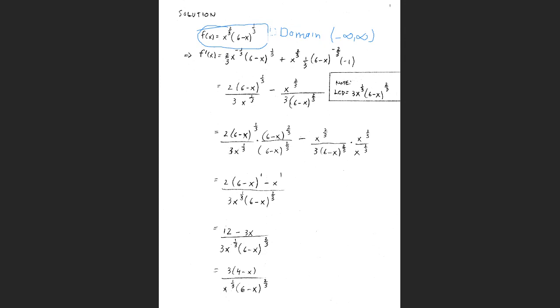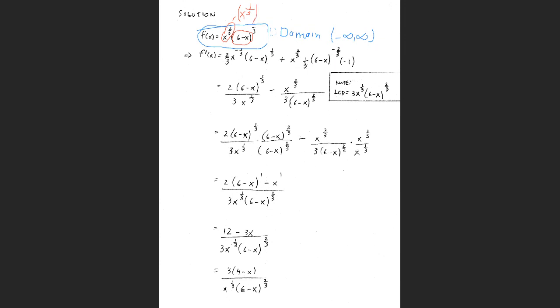You see that 1/3 power on the 6 minus x, you can take the third root of a negative number as well as a positive number. And the x to the 2/3 power, that's x to the 1/3 raised to the 2nd power.